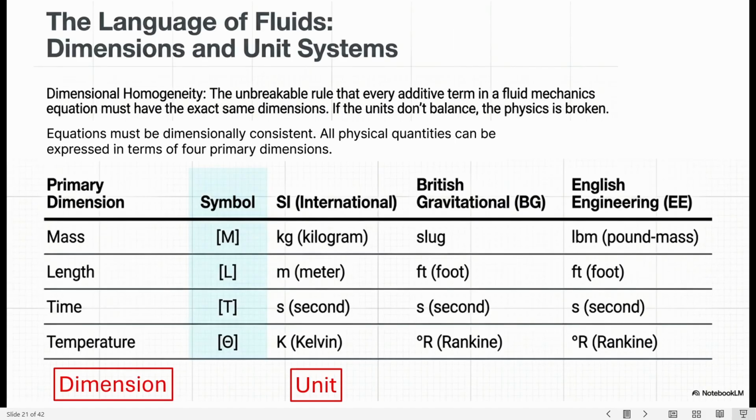These are the primary dimensions that we deal with in fluid mechanics. We have mass, length, time, and temperature.